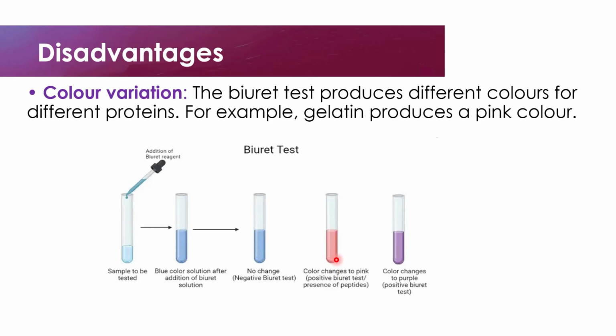If you don't know that gelatin gives this specific color, and you happen to perform a test and you see this color, you might think it's a negative test result whilst it is a positive. So these are some of the disadvantages of the Biuret test.